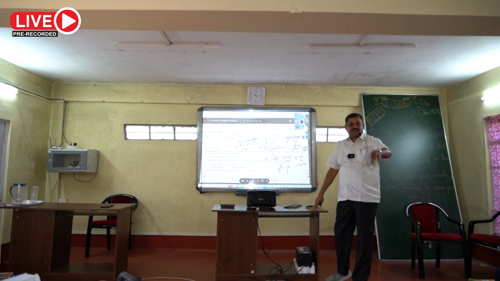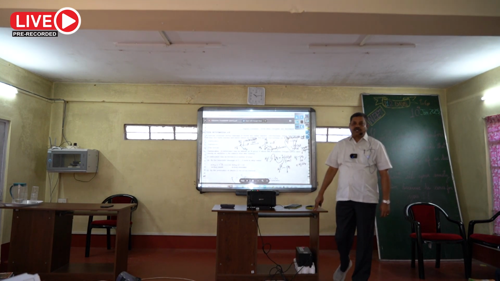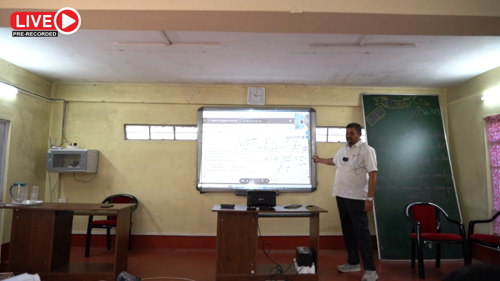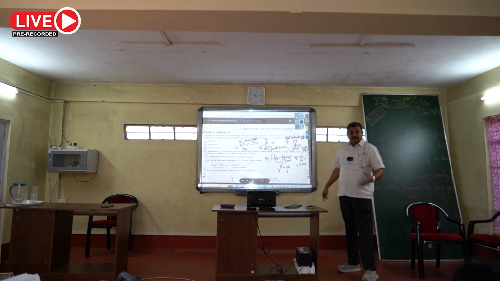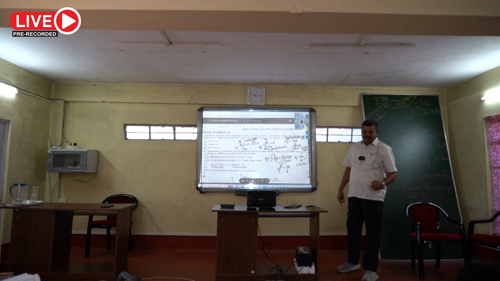Ethene is first passed through concentrated sulfuric acid. What product are you getting? Ethyl hydrogen sulfate. Ethyl hydrogen sulfate is subjected to hydrolysis. You will get ethyl alcohol, and sulfuric acid is recovered again. That is the advantage of this. Whatever sulfuric acid you use, you are getting back.